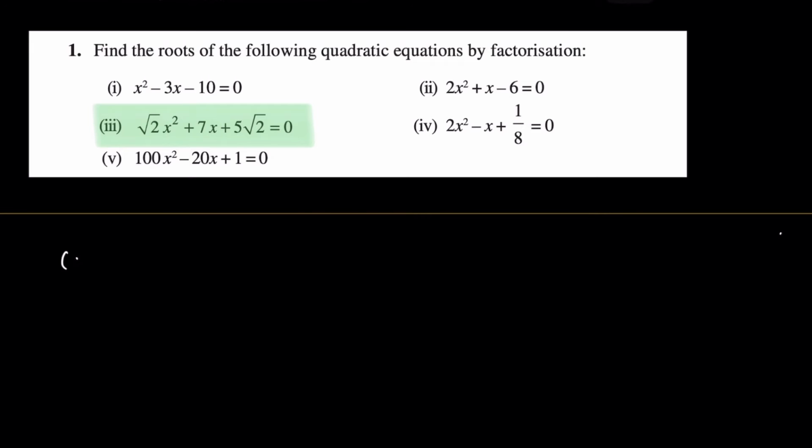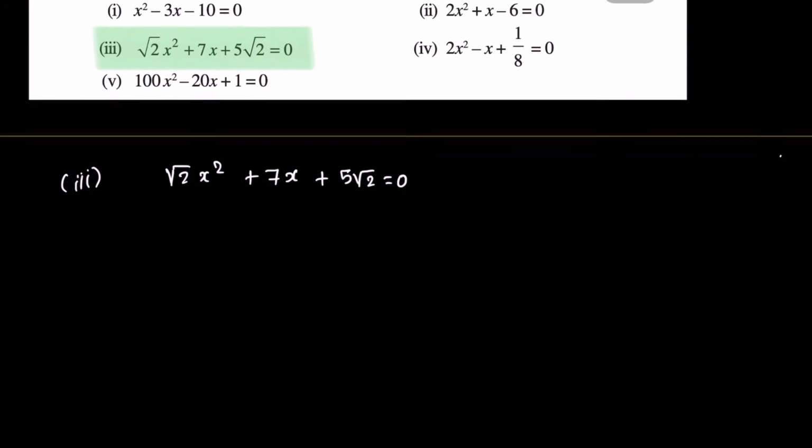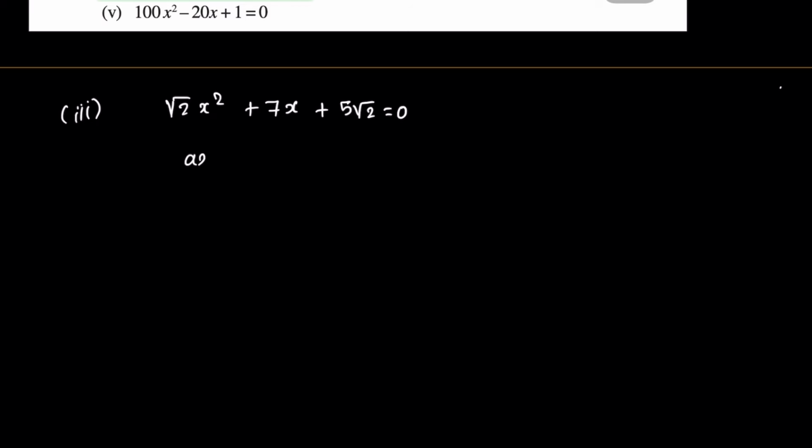Option 3. Root 2 x square plus 7x plus 5 root 2 is equal to 0. Now compare with the general expression ax square plus bx plus c is equal to 0.